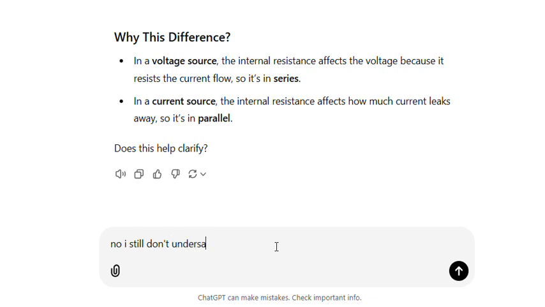Why is the resistance not connected in series in a current source, and vice versa?